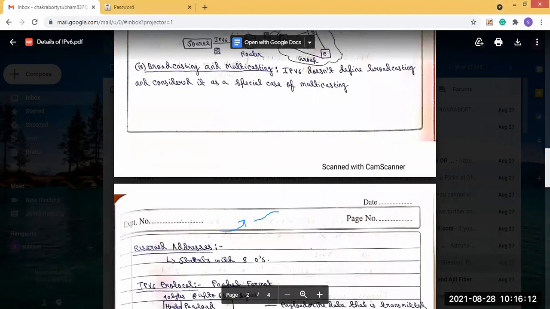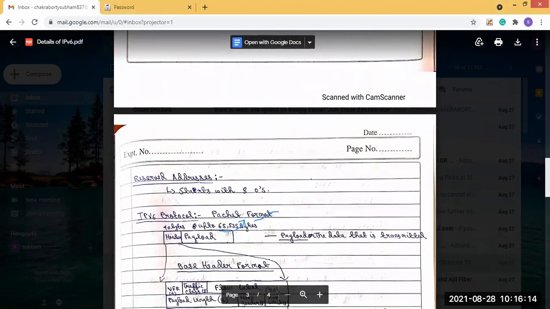And the final one is the reserved addresses. These reserved addresses are used for reserved purposes, and they start with 8 zeros.